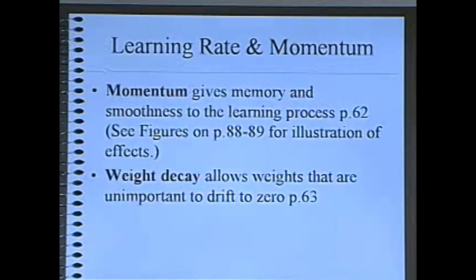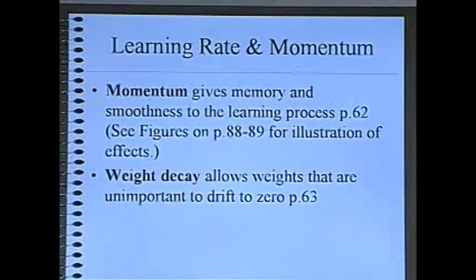You can't turn around and go back where you came from. You have to keep going downhill. The analogy is that you're going downhill with the steepest descent. Remember, you're blind and you're on the farm in West Virginia and you're looking for the lowest spot. Well, you take a step, but you also keep a momentum going so that your next step has to be in some sense in the same direction, or have a component in the same direction as your previous step. Does that make sense? So you develop a momentum or a memory associated with your step size.